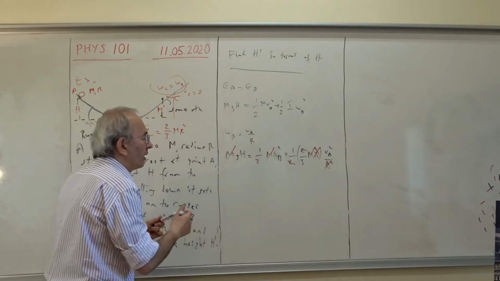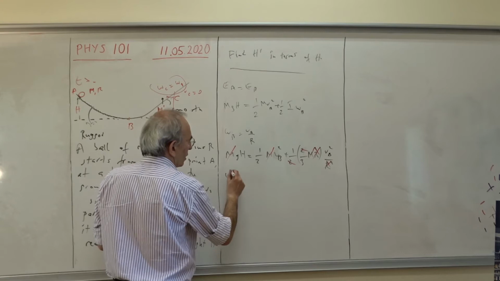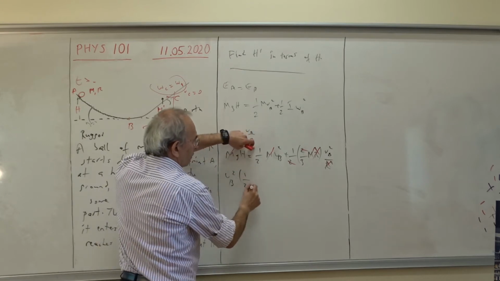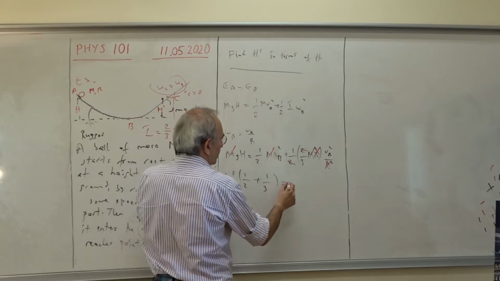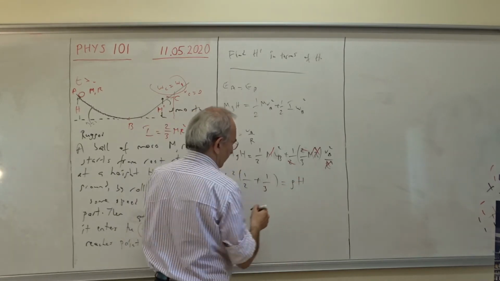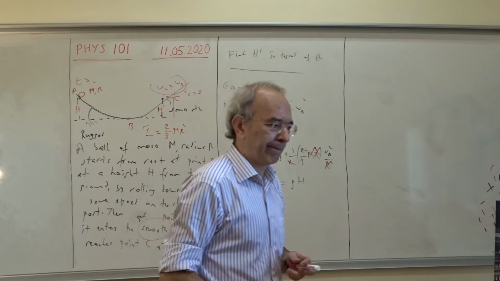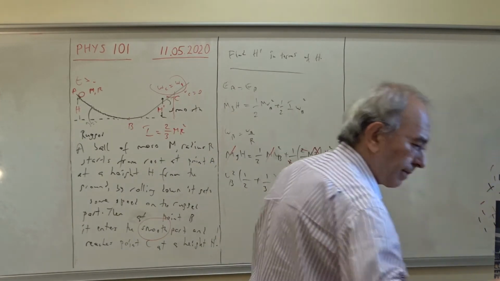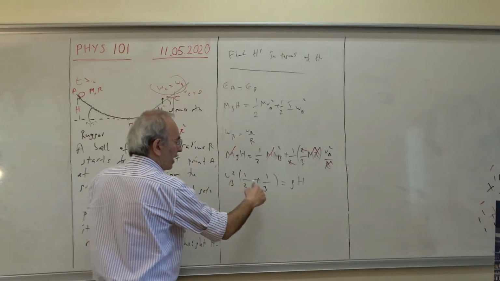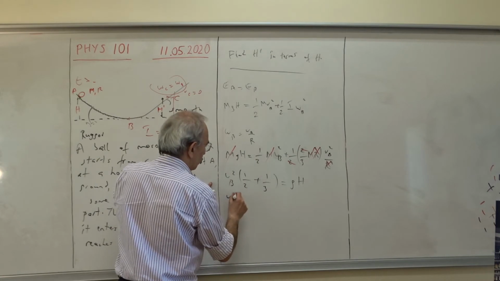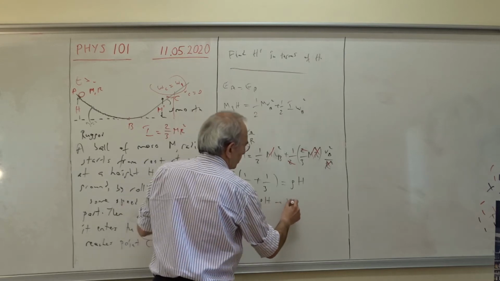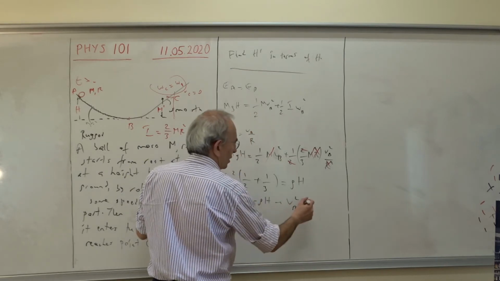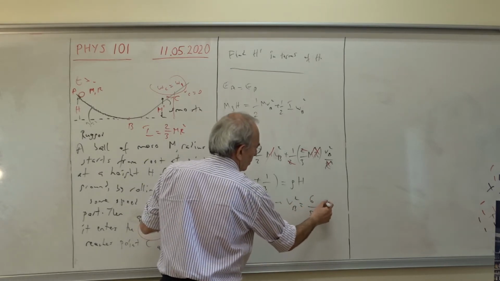So after VB squared, we have 1/2 plus 1/3. On the other side, we have G times H. So this is 5/6. VB squared times 5/6 is GH. So we understand that VB squared is simply 6/5 GH.